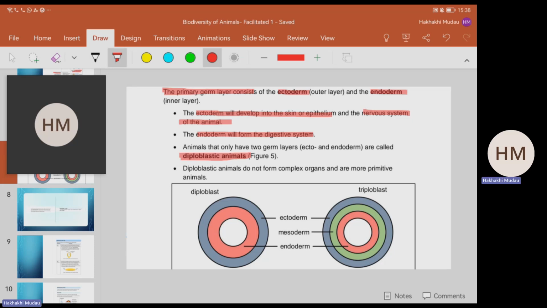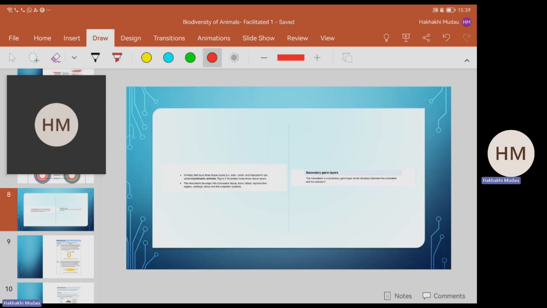These animals do not form complex organs and are more primitive because I just explained that the ectoderm will form the skin and the endoderm will form the digestive system, meaning that these animals only have the skin and the digestive system. So they cannot form any complex organs like your liver, your heart, and your kidneys, which leads us to the secondary germ layers.